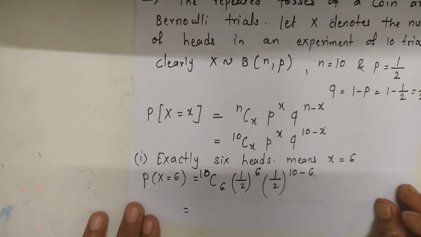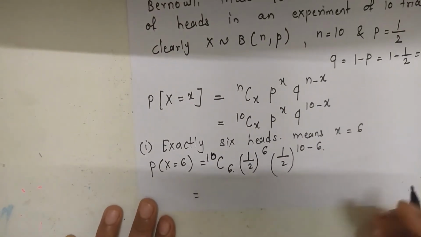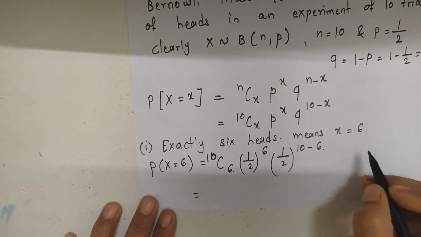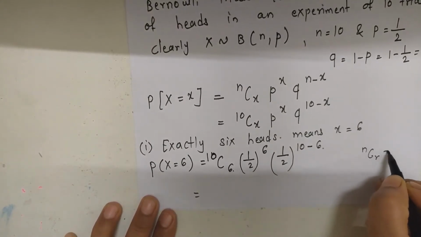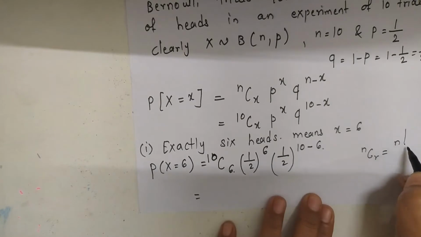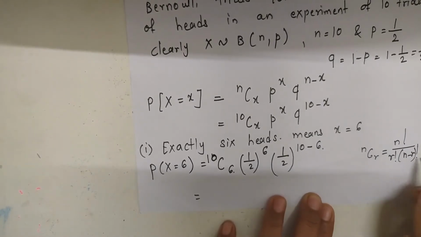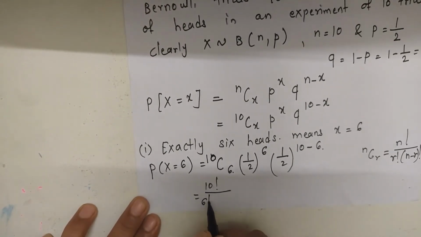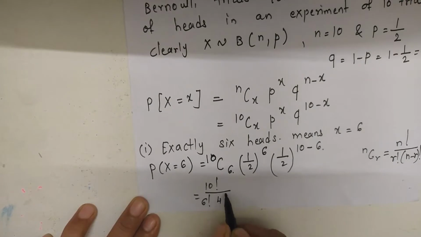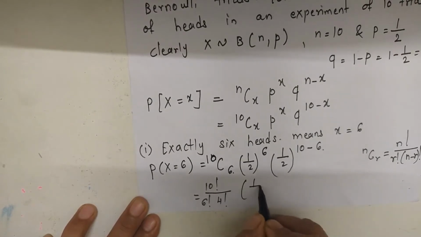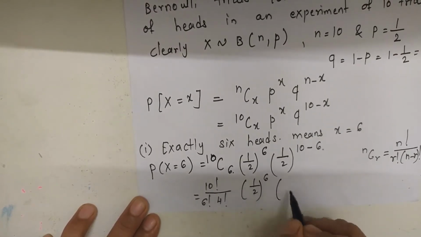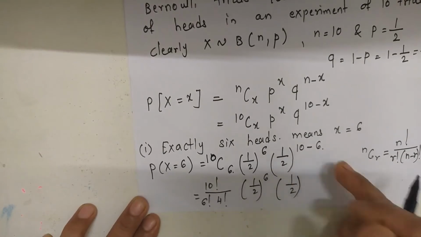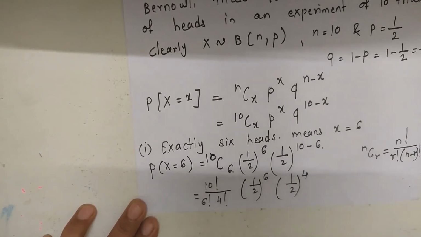So calculating this 10C6, we know that the formula for nCr is equal to n factorial upon r factorial into n minus r factorial. So 10 factorial upon 6 factorial into 10 minus 6, that is 4 factorial, into 1 by 2 raised to 6 and into 1 by 2 raised to 4.